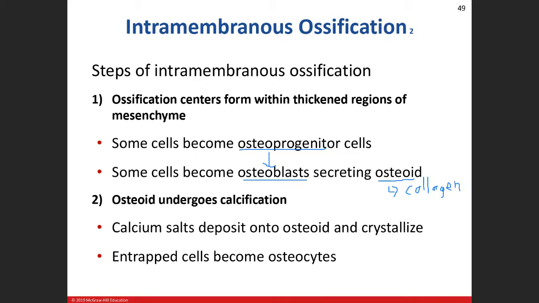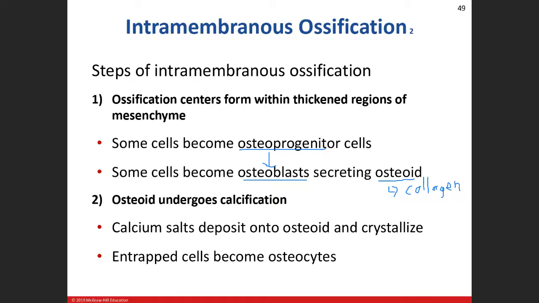It's also going to produce the ground substance, which are going to be the glycoproteins and the proteoglycans. They're just large molecules that we throw in there. First step, good so far, right? Glob of mesenchyme, some of those cells will differentiate and turn into osteoprogenitor cells, and some will turn into osteoblasts, and then some of those osteoprogenitor cells will turn into osteoblasts. So that's what we see first.